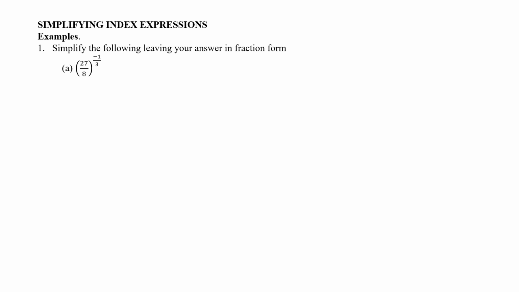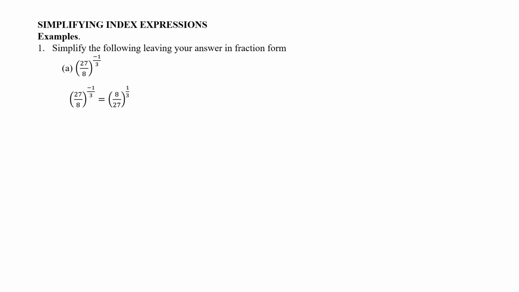So what we are going to do, we are going to use one of the laws that told us to convert the power into a positive by getting the reciprocal of whatever is inside the bracket. So the reciprocal of 27 all over 8 is going to be 8 all over 27, and now the power is going to become positive, just like here.